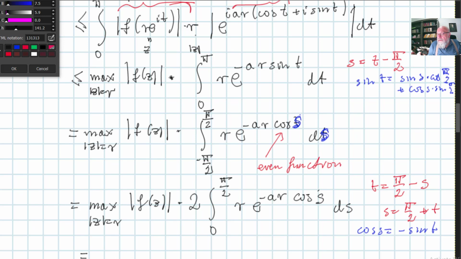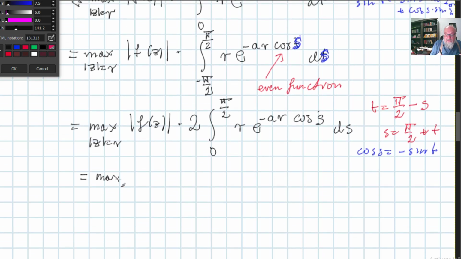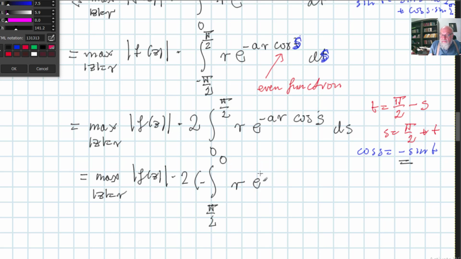This one is equal to the maximum over |z| = R of f(z) times 2, and this becoming, okay, take 0, you're getting pi over 2, this one is 0, this one is R, and that one is equal to, putting the minus coming from this one, e^(-aR sin t) dt.